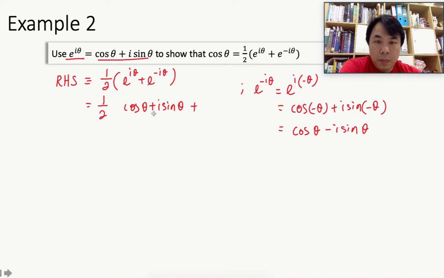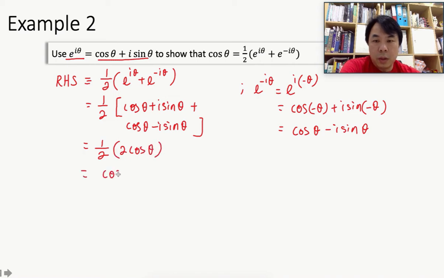That will be added to the first part. From here, we can simplify it, and it's very obvious that we have 2 cosine θ, and then finally we end up with cosine θ.